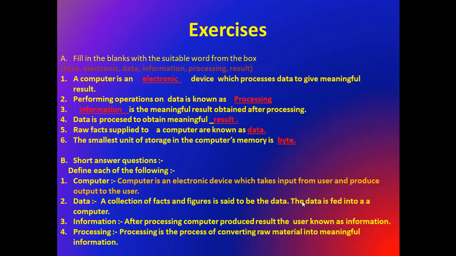Short answer questions. Define each of the following. First is the computer. A computer is an electronic device which takes input from the user and produces output to the user. Data. A collection of facts and figures is said to be data. The data is fed into a computer. Information. After processing, the computer produces a result for the user, known as information. Processing.